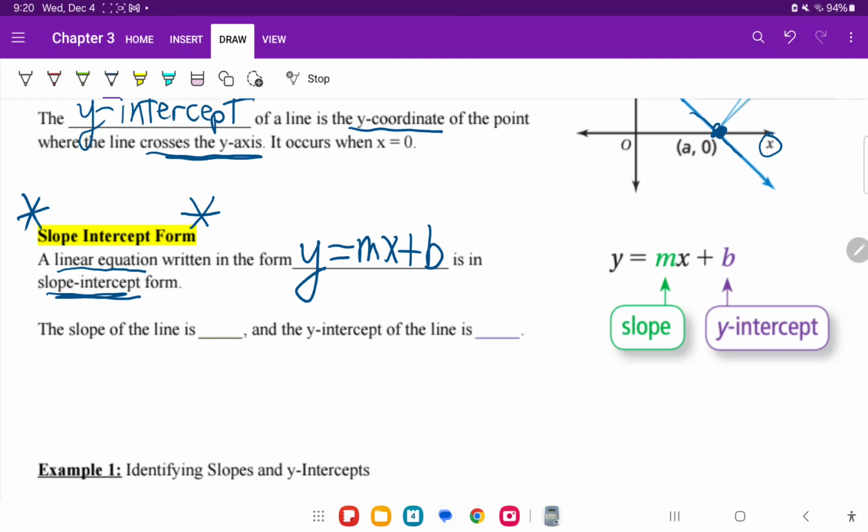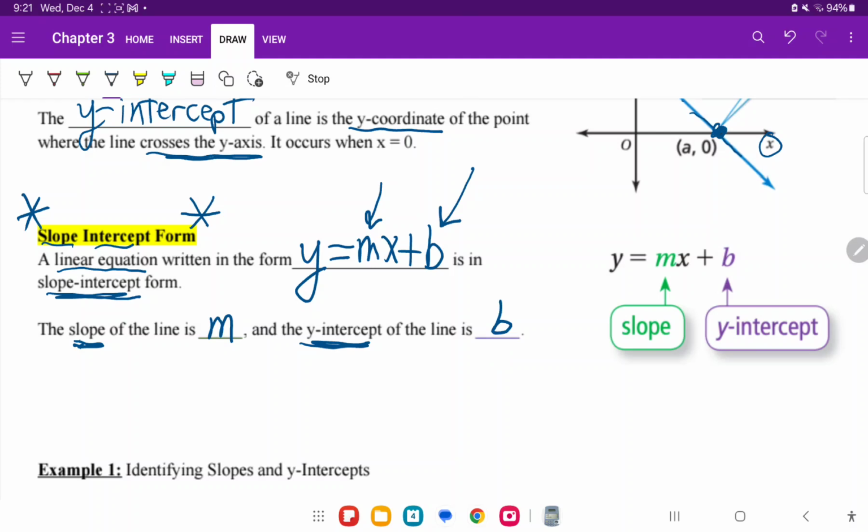It gets its name from two things, the slope and the y-intercept, the slope-intercept form. The slope of the line is m, just like we've been talking about, and the y-intercept is this b right there.